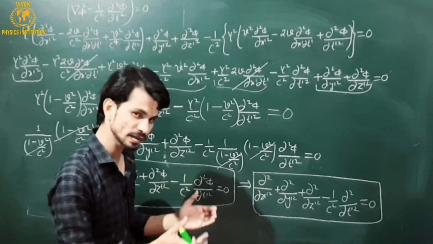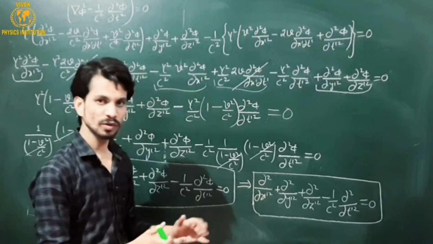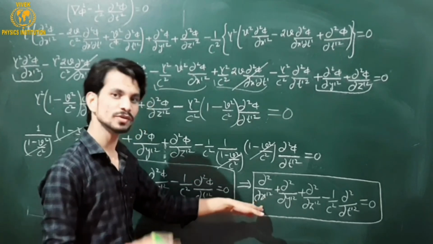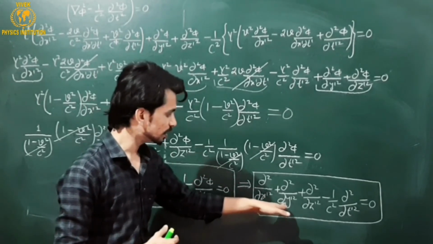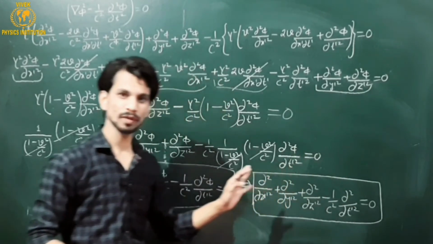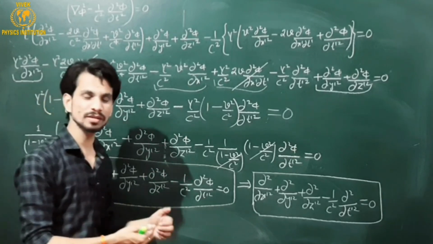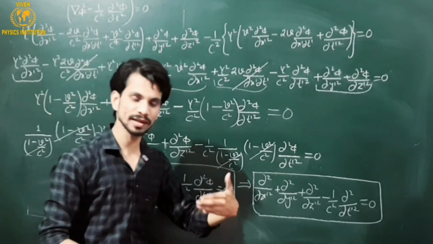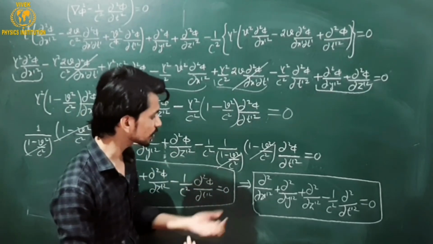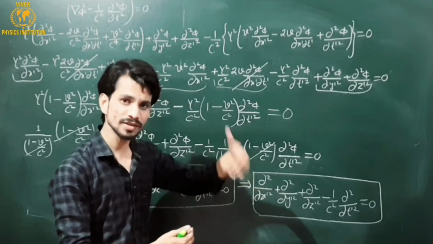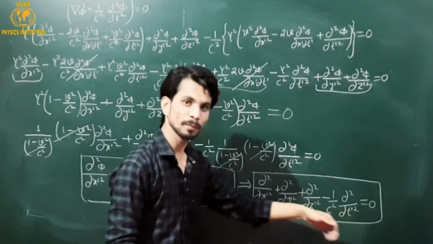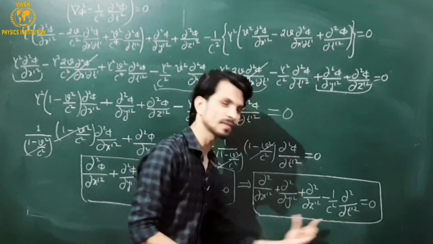Now you can see easily that in the general wave equation, del square over del x square was taken, del y square was taken, del z square was taken, and del t square was taken. But after applying the Lorentz transformation, all four space-time coordinates x, y, z and t are changed into x dash, y dash, z dash and t dash without changing the fundamental nature of the wave equation.